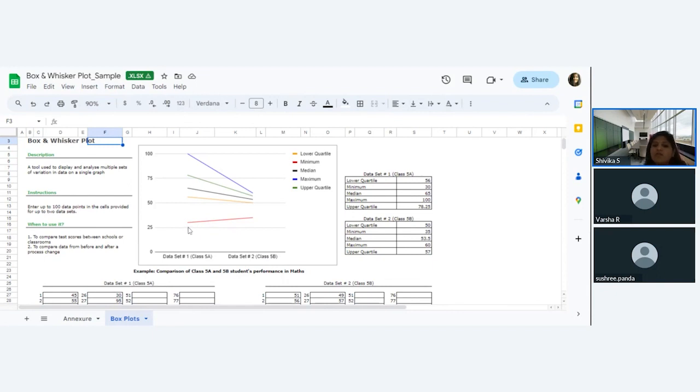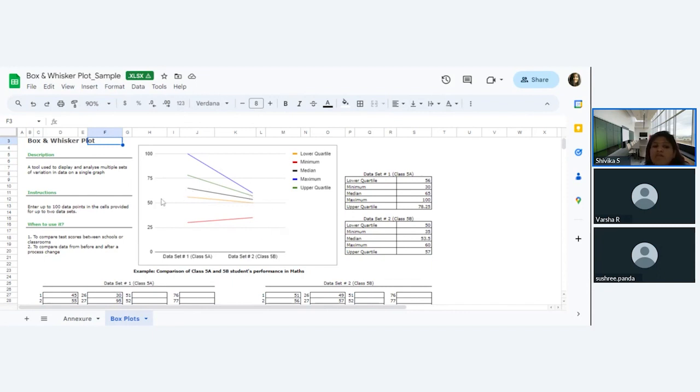You can say that the minimum marks a student has scored in grade 5A is 30, and in 5B it's a bit higher, we can say 35. But if you see the lower quartile, the lower 25% of the students, what they have scored is 55, and it's 50 for grade 5B.